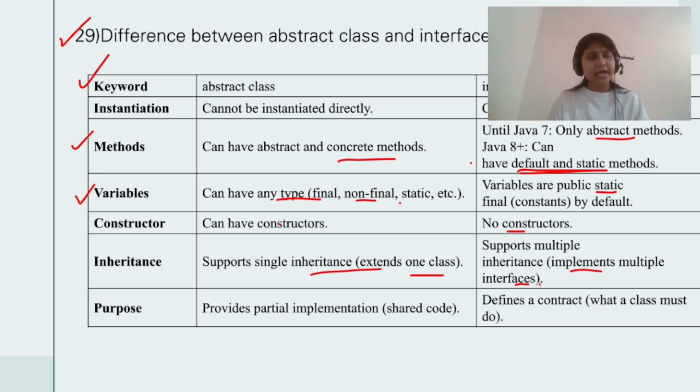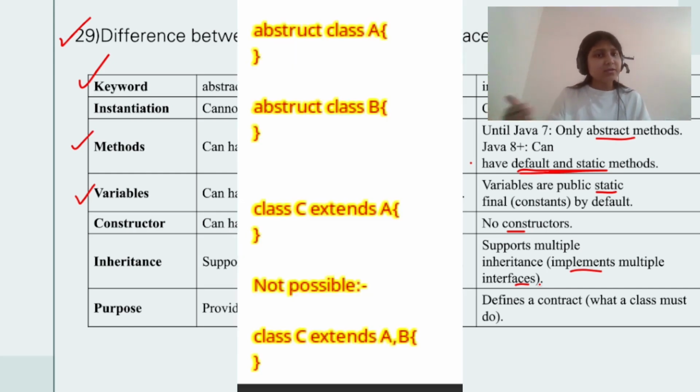Because in Java, if we have an abstract class B and we want to use it in another normal class like class A, you can extend class B only. Suppose you have another abstract class C, you cannot do class A extends B and C. That is not possible. That is called the diamond problem.